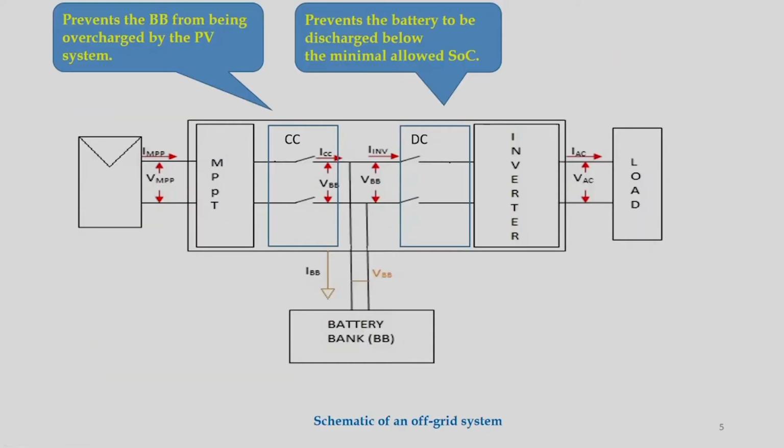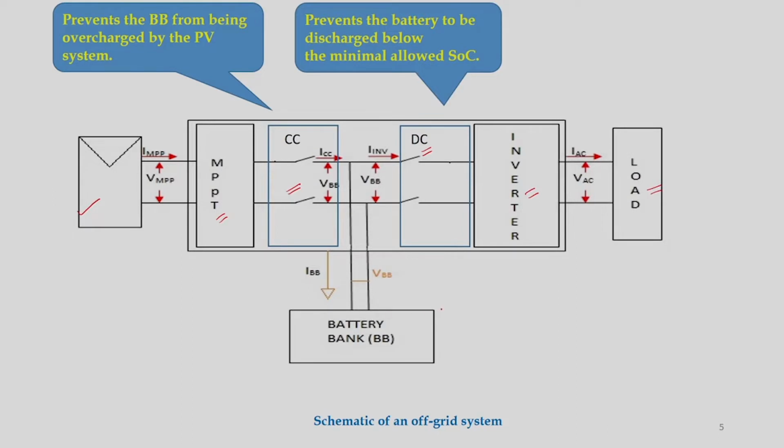Now, let us see the components of an off-grid system. This schematic shows all the components. We have PV modules, and then MPPT, then CC, which means source controller, then DC, which means discharge controller, then inverter, then we have loads.